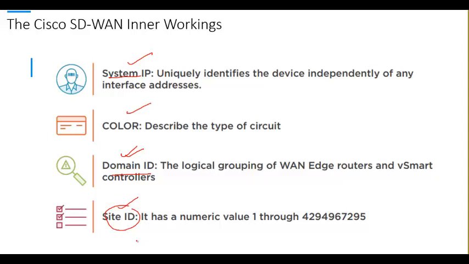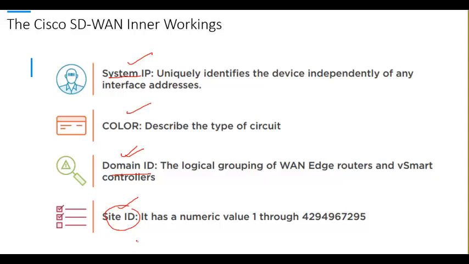By default, the IPsec tunnels are not formed between the WAN edges within the same site. Why? They belong to the same site. Why is there a need for an IPsec between the WAN edges? It's the site ID that helps to avoid forming an IPsec tunnel between the WAN edges of the same site. When the site ID is the same, it's not necessary, but it doesn't mean that it is not possible.